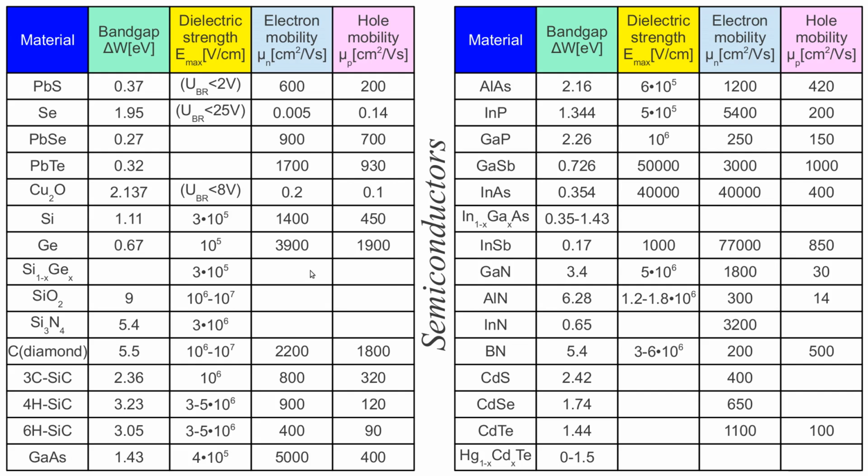Finally, we may play tricks by making alloys of different semiconductors together, like silicon germanium. This is very important today to build very efficient transistors for very high frequencies, like indium gallium arsenide that's used for photodiodes. By changing the ratio of indium versus gallium, we can adjust the band gap exactly to the value we need in a photodiode, or in a light emitting diode, it's the same story, or a semiconductor laser.